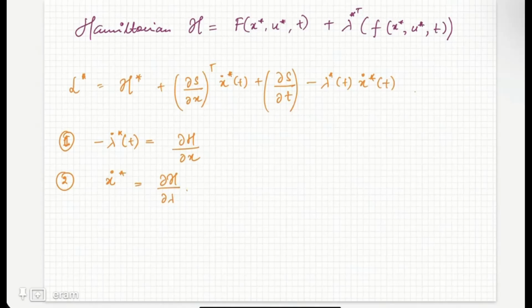And then the third condition, that was dou L by dou u equals to 0, gets translated to dou h by dou u equals to 0.